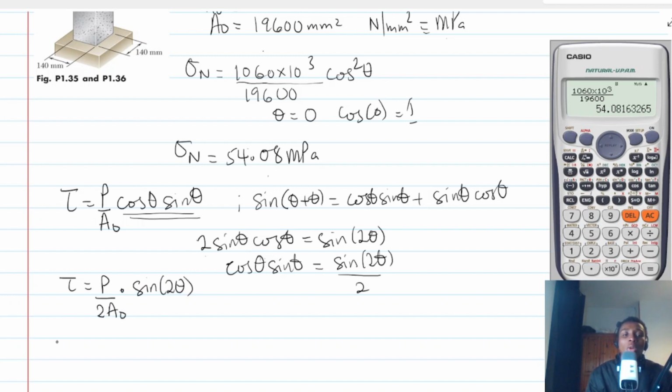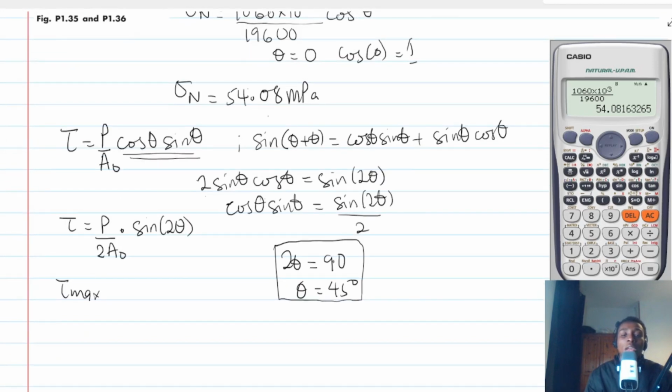Now, where does the maximum value of sine occur? The maximum value occurs when the sine angle is 90. Therefore, 2 theta is 90, so theta is 45. This tells us that the maximum shearing stress occurs when 2 theta is 90, or theta is 45.